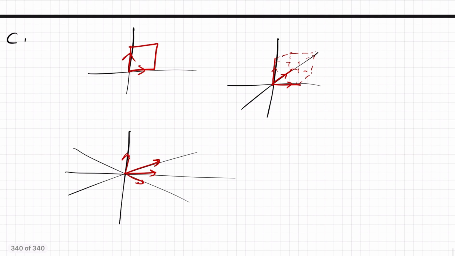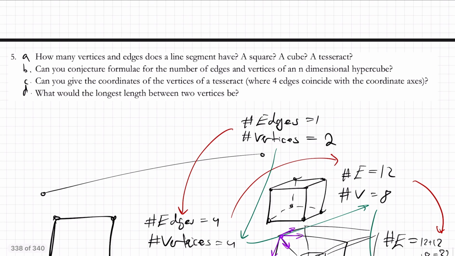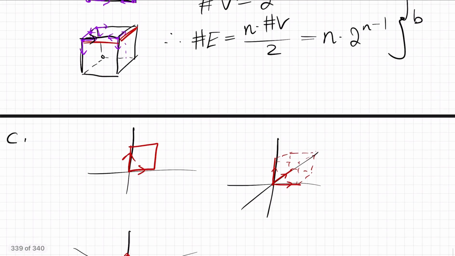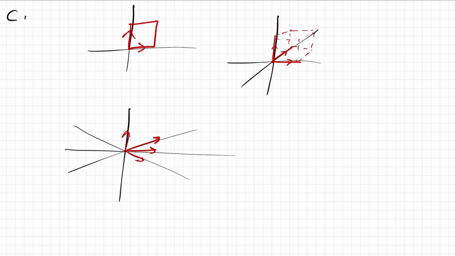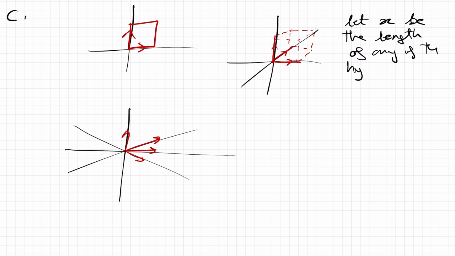And you can see, what's the question asking? Can you give the coordinates of the vertices of a tesseract? So if we let x be the length of a side, we know for all hypercubes, all sides are the same length. Any of the hypercube's edges.